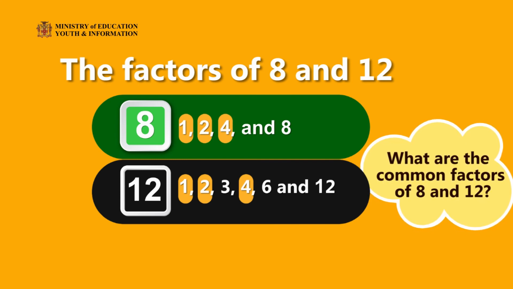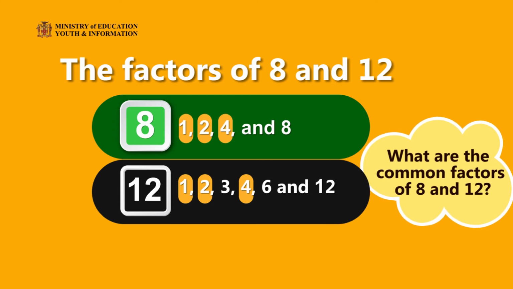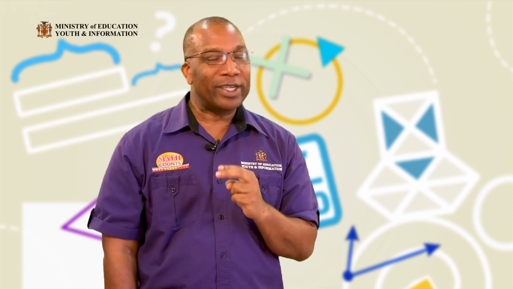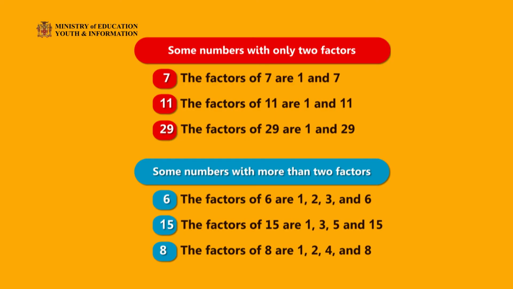Let me reinforce a few things before we leave this lesson. All numbers have at least 1 and the number itself as factors. You should notice that some numbers have only 2 factors, while others have more than 2 factors.